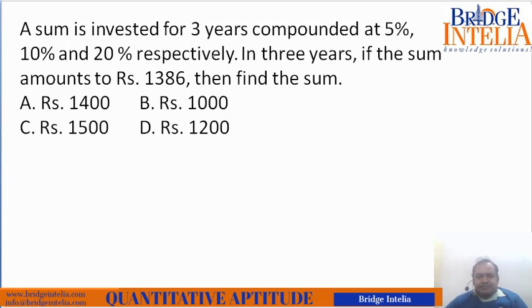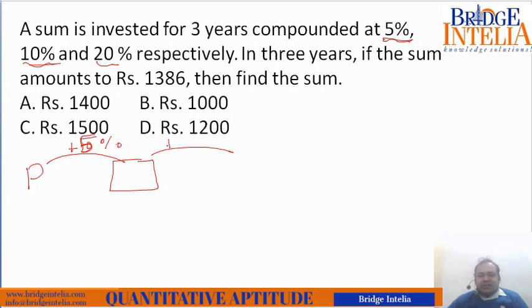Let's take another example. A sum is invested for 3 years, compounded at 5%, 10% and 20% respectively. So same thing. P increased in 3 steps. 3 times it got compounded. First increase is of 5%.